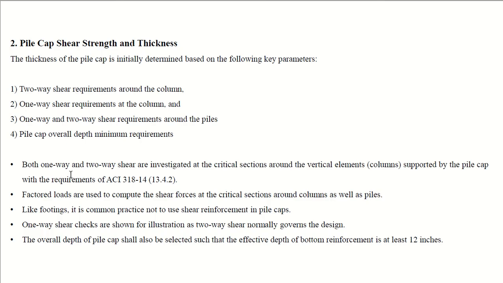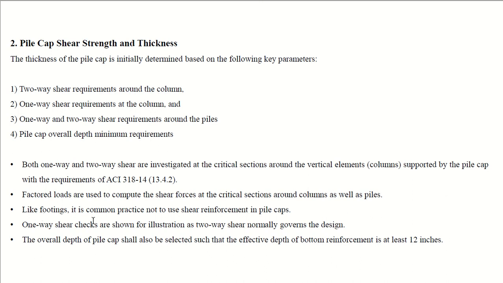It says both one and two-way shear are investigated at the critical sections around the vertical elements, for example columns, supported by the pile cap with the requirements of ACI 318-25 Section 13.4.2. Factored loads are used to compute the shear forces at the critical sections around columns as well as piles, as we discussed here.